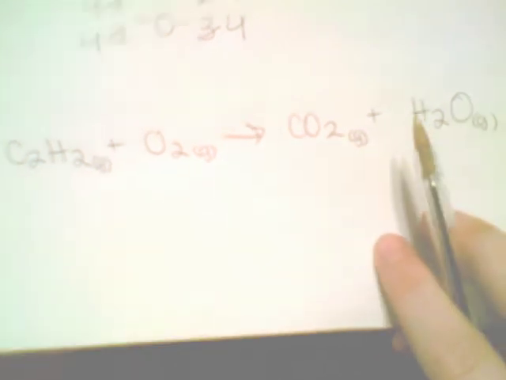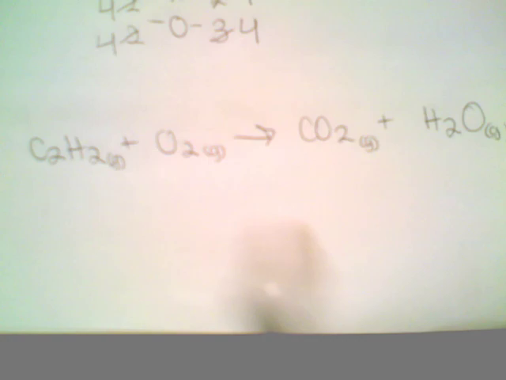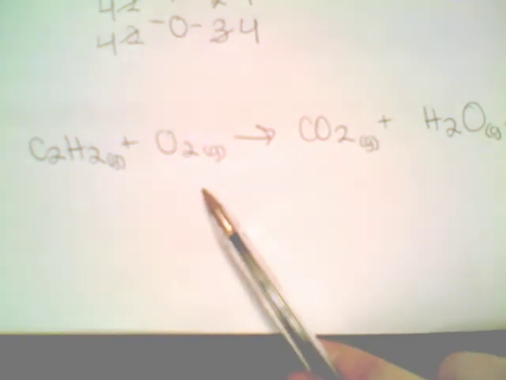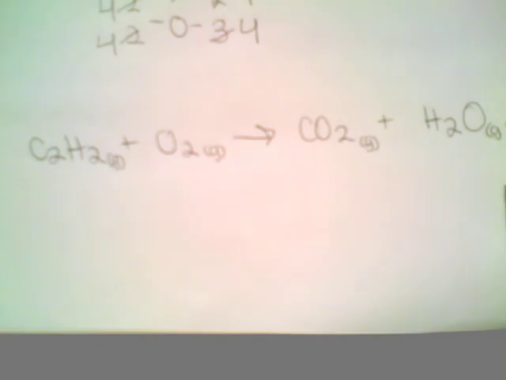All right, so this type of reaction is called combustion, when we have a hydrocarbon reacting with oxygen to form carbon dioxide and water. These tend to be the hardest to balance, so I'm just going to walk you guys through how I would approach this type of problem. And I follow the same procedure when I balance any combustion problem. So let's first add up the elements that we have.